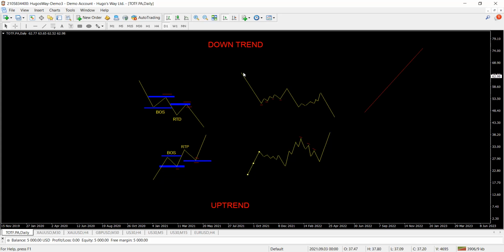Now, in a downtrend, right? When the market pulls back in this higher high, higher low formation, these are buyers that are buying against this downtrend. So every time the market pulls back in the pullback, there's another buyer, another buyer, another buyer. So each one of these peaks contains a stop loss.